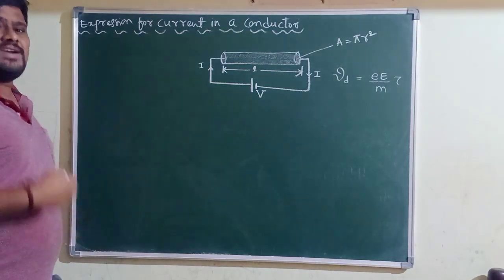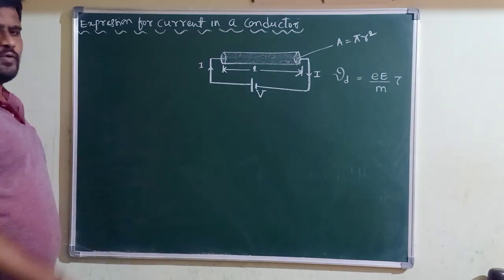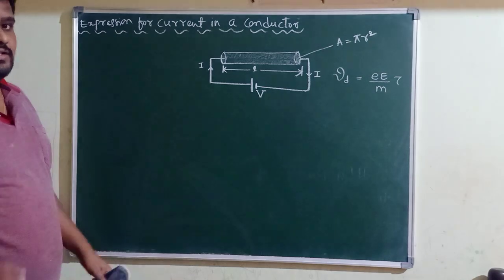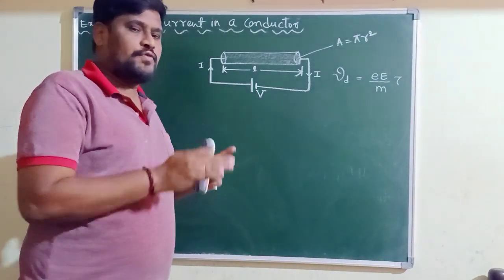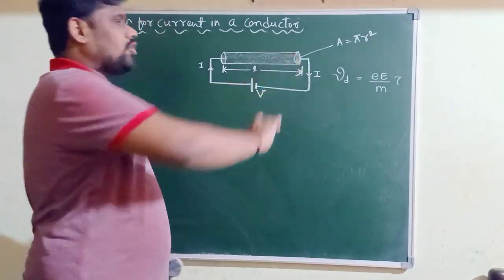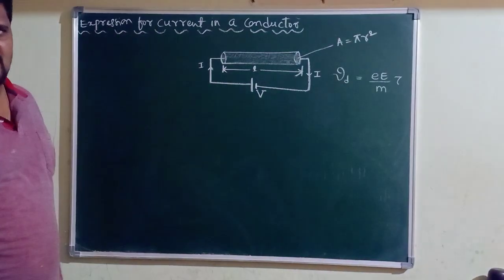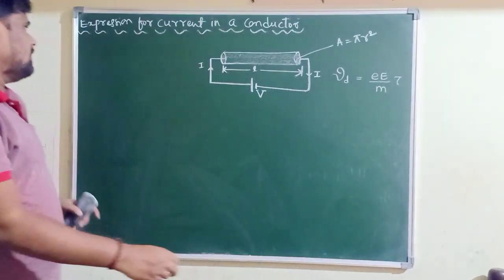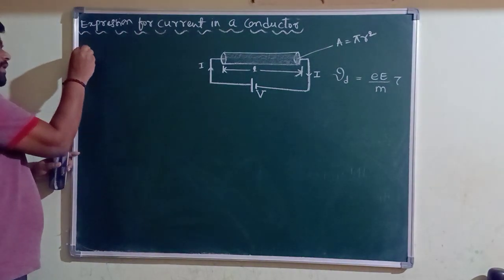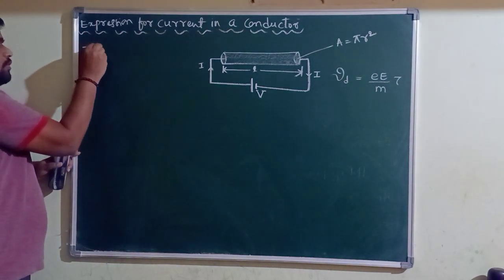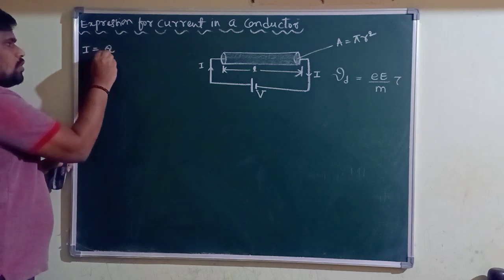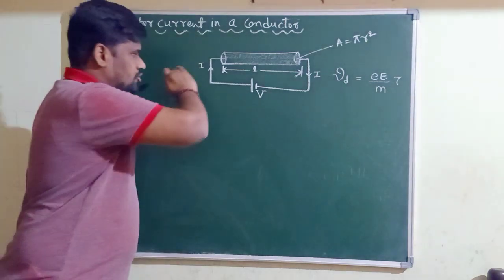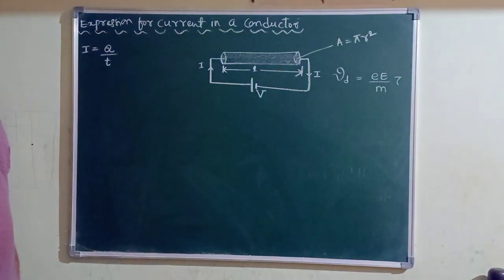What is the reason for current to flow through a conductor? You know very well, current in any conductor is due to the flow of charges across any cross-sectional area of a conductor. How are you going to calculate current in a conductor? The current can be calculated by using the formula I is equal to Q by T. This is the basic formula used to estimate the current flowing in a conductor.